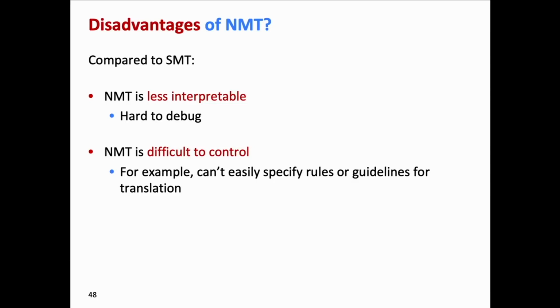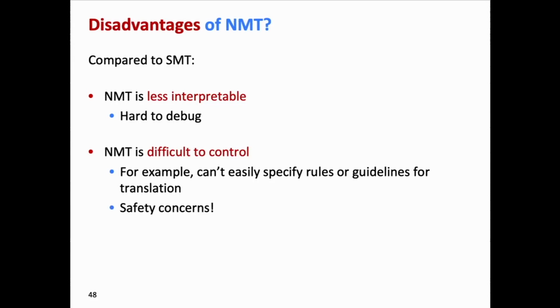For example, if you want to say, I want to always translate this word in this way when this other thing is present, that's not particularly easy to impose as a rule on the NMT system, because you can't easily control what it's doing on a step-by-step basis. So sometimes you have some kind of post-processing rules you might try to do, but overall it's harder than you'd expect to try to impose a fairly simple rule.